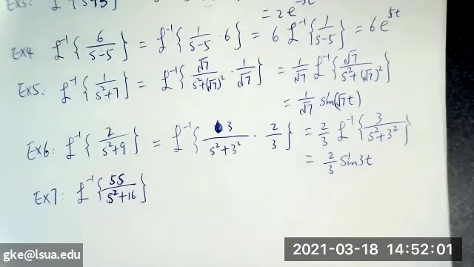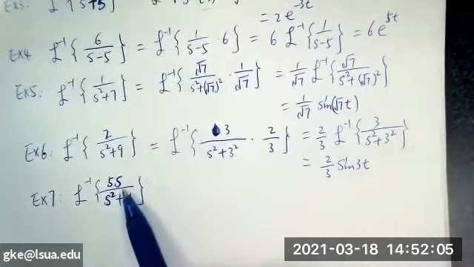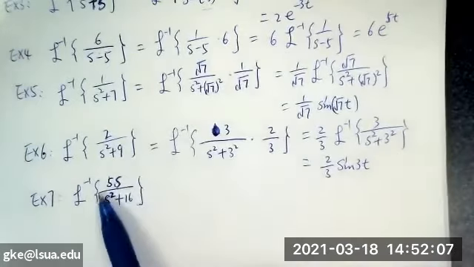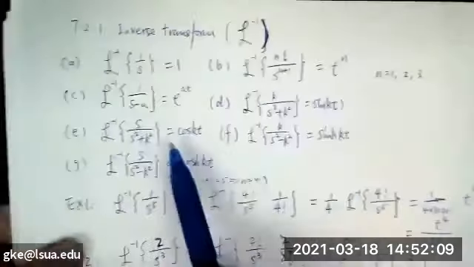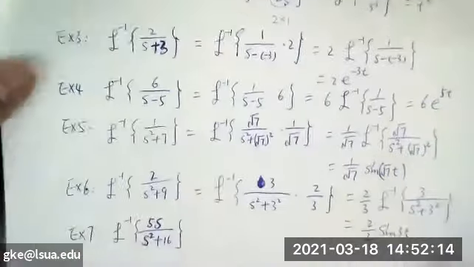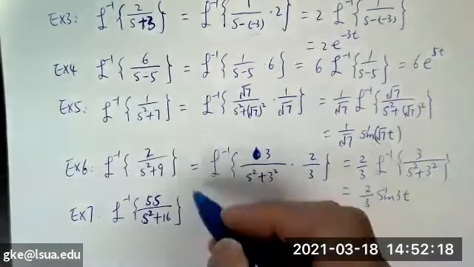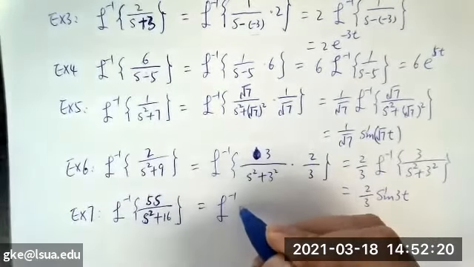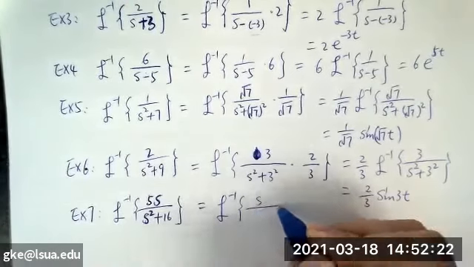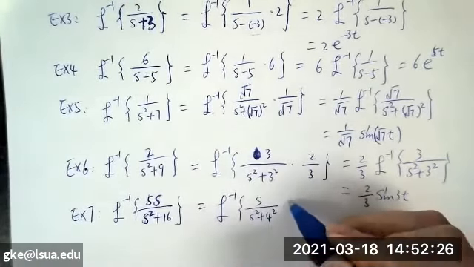Okay, now let me write down the answer on board. So for this case, in the numerator, we have s. That means we're gonna use the formula here, right? And still you need to be careful what is the k. K is 4, times 5.